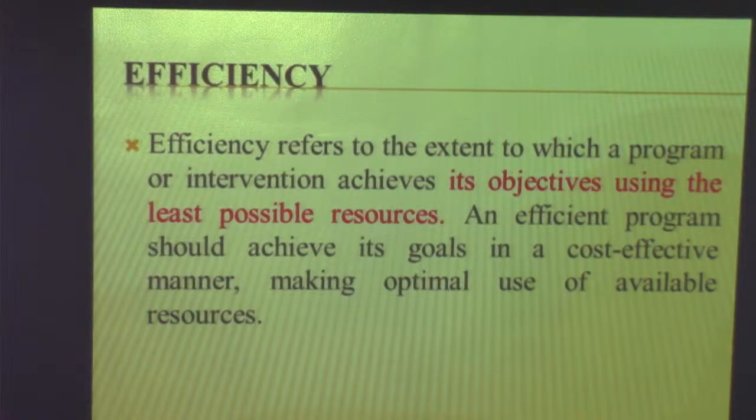Kwa hiyo anasema kwamba haiwezi kuwa efficient lakini yule anasema inakuwa effective. Ni ile mstari mwekundu. It is objective using least possible. Umemiti objectives.